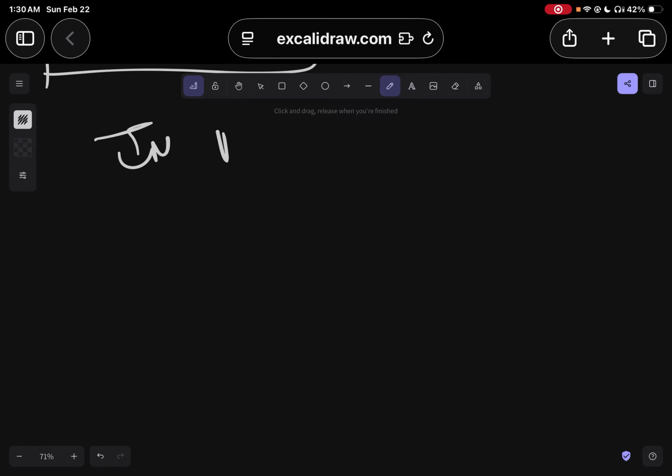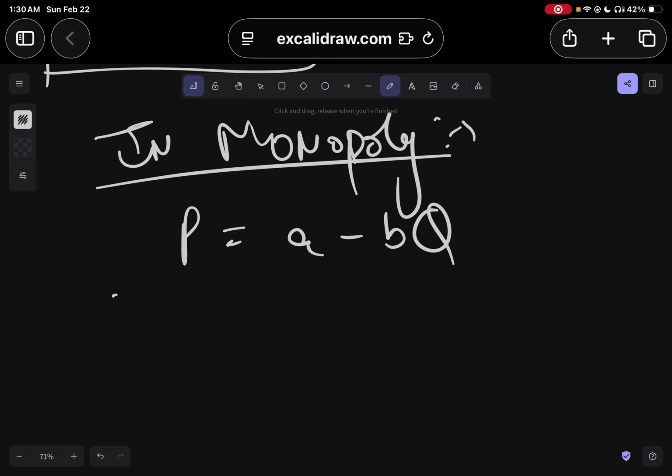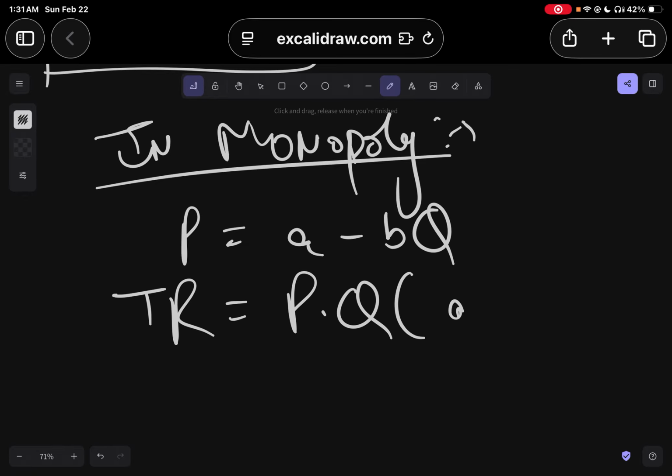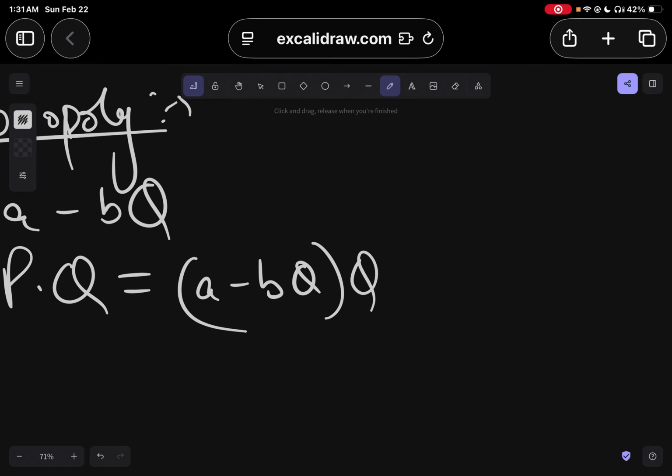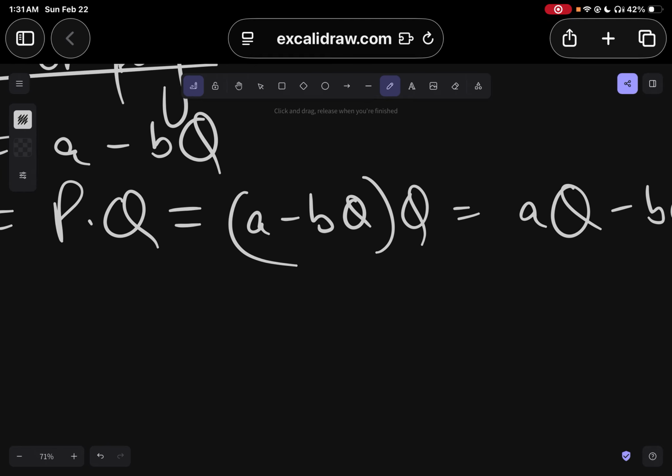So in monopoly, just so that you remember, monopoly is when there is only one firm. So P is A minus BQ, which is the market demand curve. For monopoly, total revenue is P into Q, which is A minus BQ multiplied by Q, which will be equal to AQ minus BQ square.